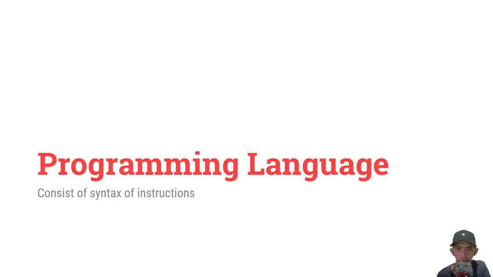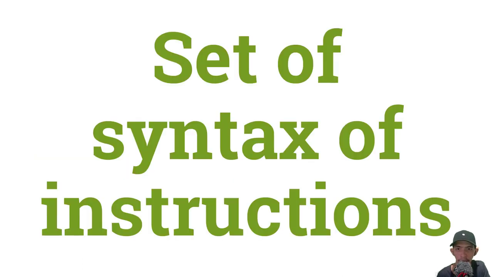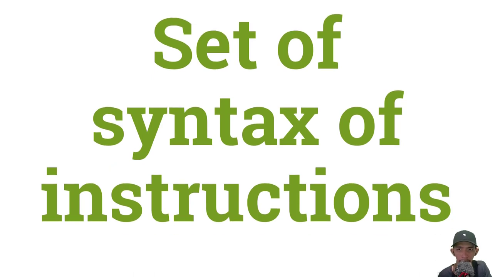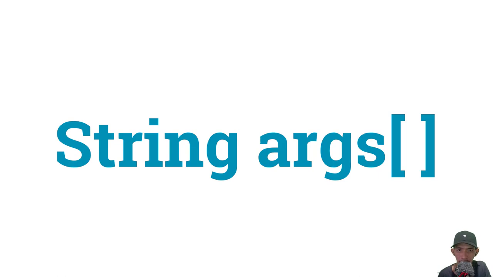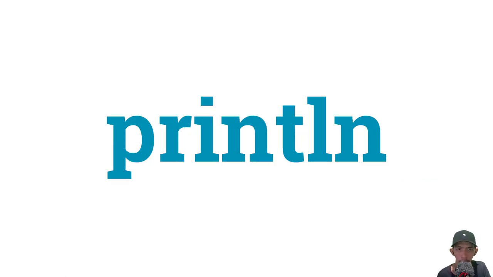A programming language also consists of syntax of instructions. Actually, it's not one syntax, it is a set of syntax of instructions. And those syntax are mostly abbreviated, like bool for Boolean, a data type, char, a character, another data type, string args, a syntax in Java, or string arguments. We have println, or the print line.